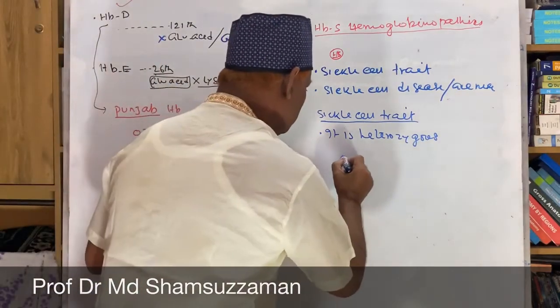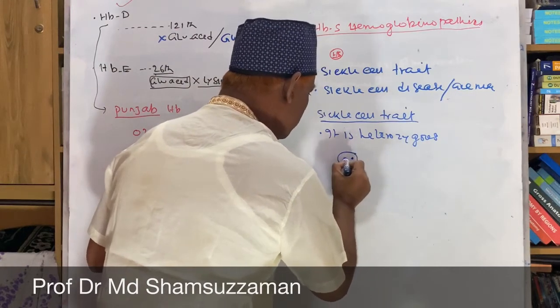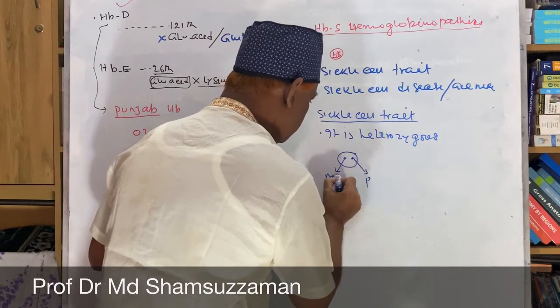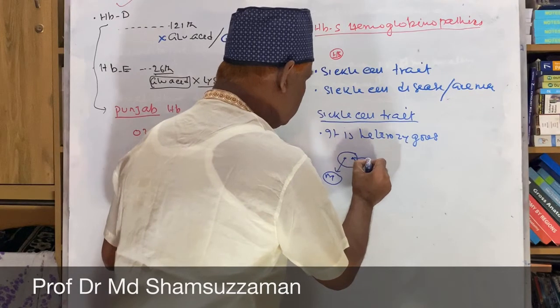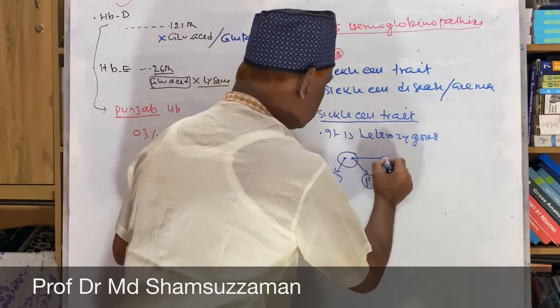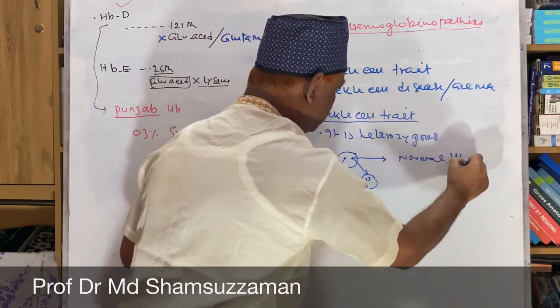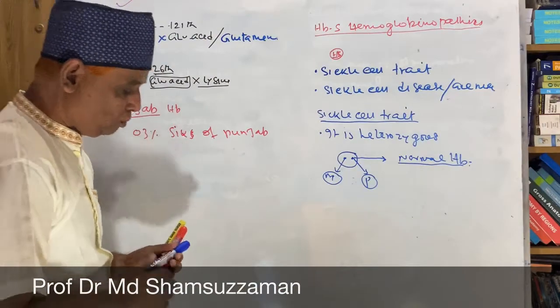So for normal hemoglobin, two genes are needed, one maternal and one paternal, and both these normal genes are associated with the synthesis of normal hemoglobin.